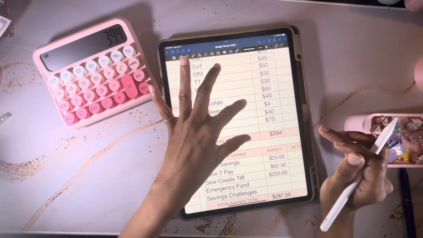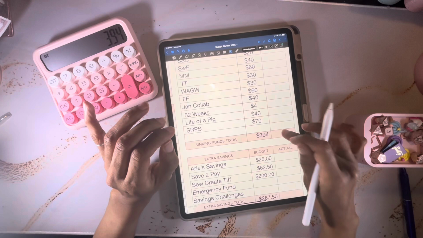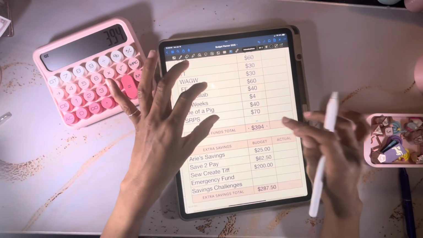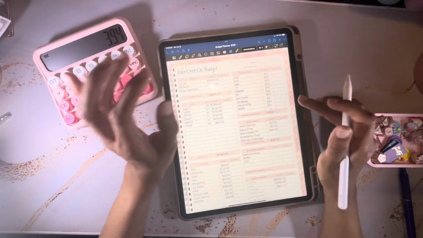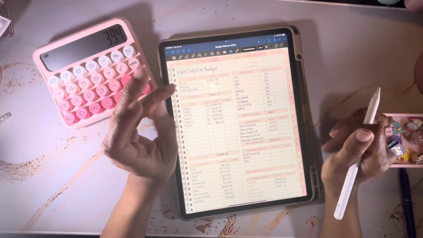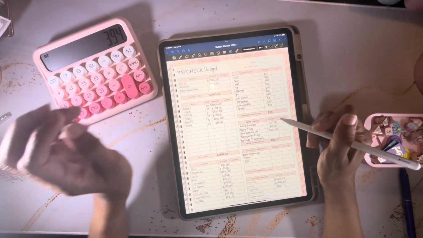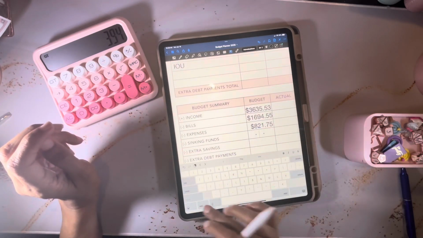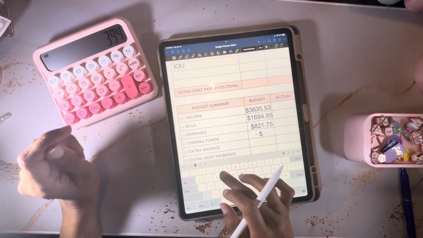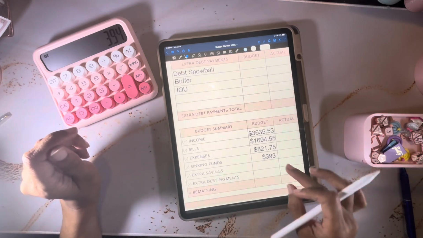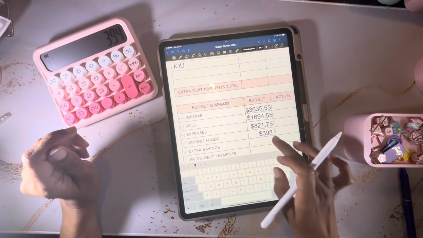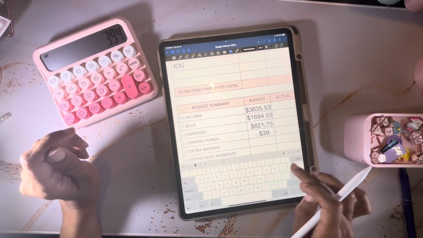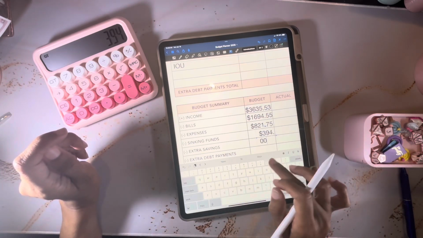All right, so that is how much I should have to save for my savings challenges for the rest of the month. And then we have our totals here. So let's go ahead and put 394.